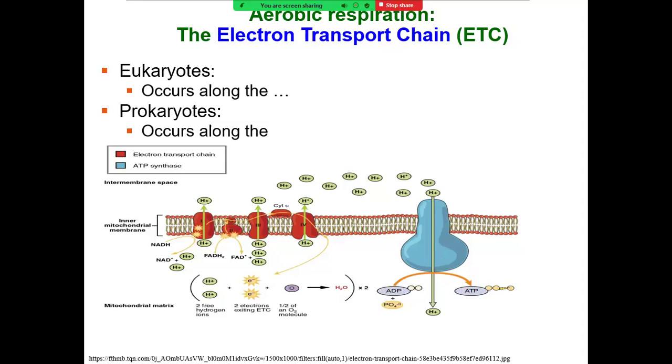Now, how efficient is this in generating ATP? For one glucose molecule, about 40% of the energy in glucose will be converted to the energy of ATP. And you might say, well, that's not very efficient. That's less than 50%. However, if you talk about your car engine converting the energy in gasoline into the energy of the car moving, do you know how efficient we have made the best motors we can make?